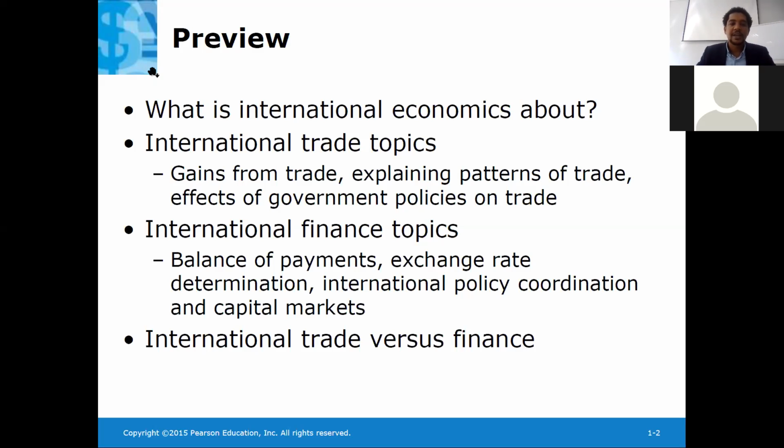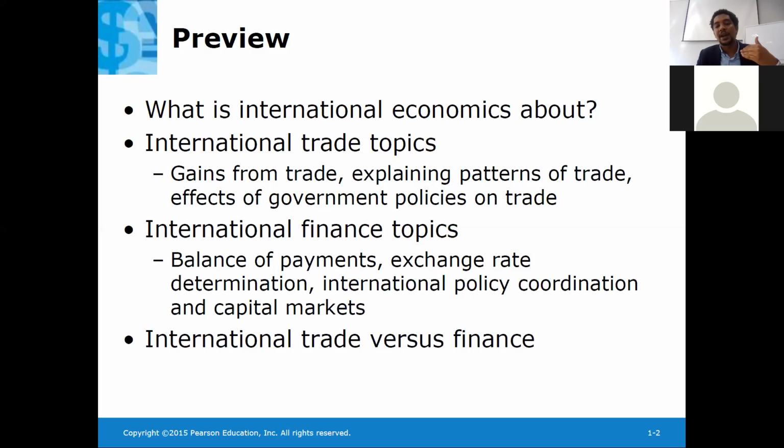These are the gains from trade, one, patterns of trade, and government policies on trade. So these are international trade topics, right? We'll talk about these 3 international trade topics, and we will also talk about 4 international finance topics in this chapter, okay?